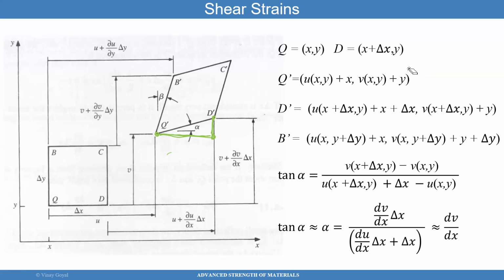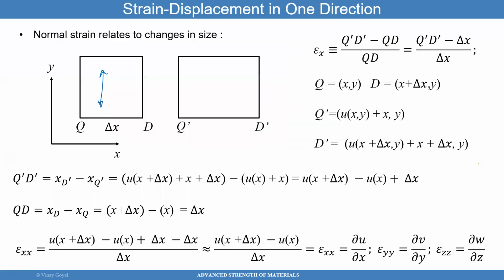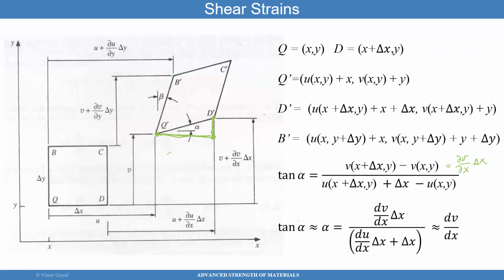What you notice is that this is actually equal to the partial of v with respect to x, times delta x, which is what you learned back in the Taylor series expansion, and I applied it here earlier with this formula. And the bottom one simplifies to this also by using the Taylor series expansion.